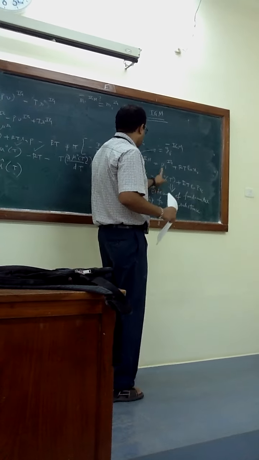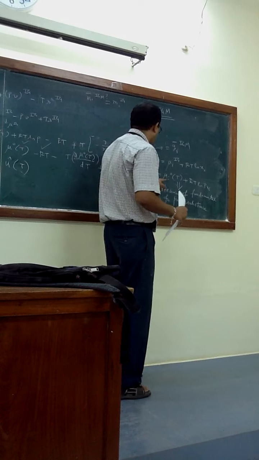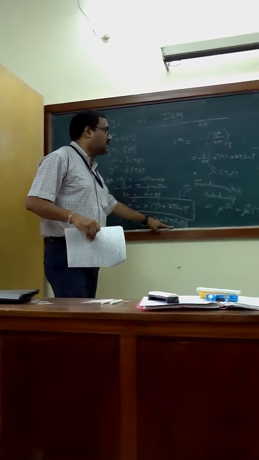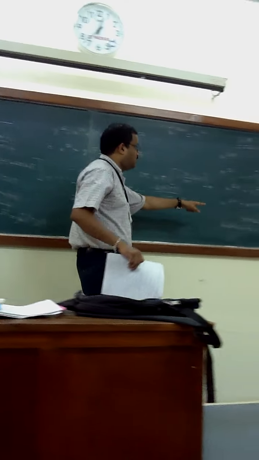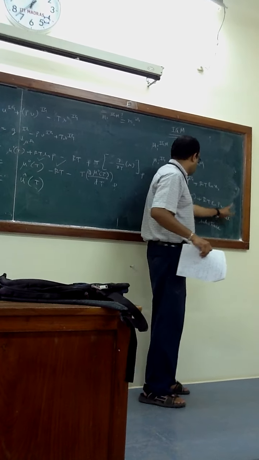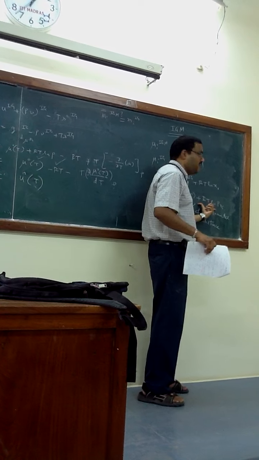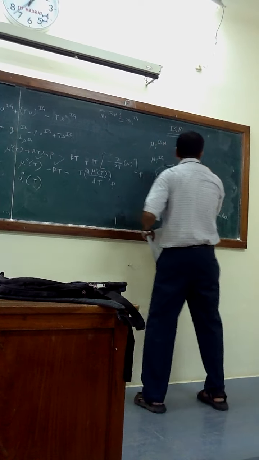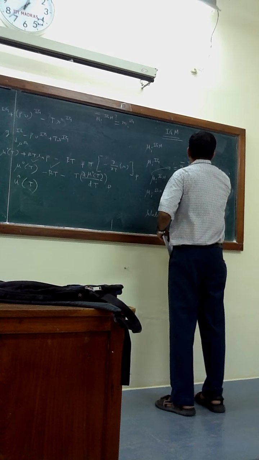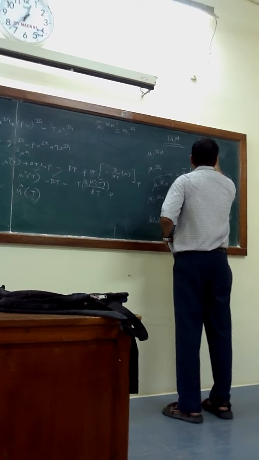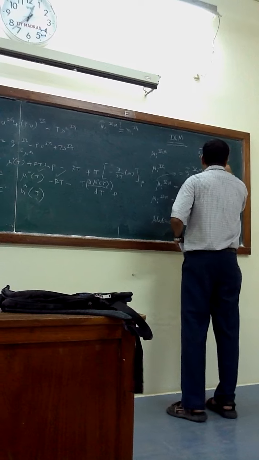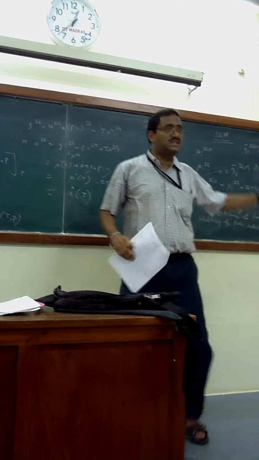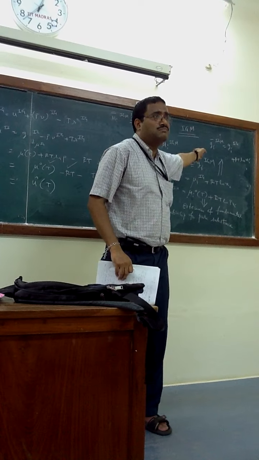If you write this in terms of mu i IG, you can see that mu i IG is nothing but mu i0(T) plus RT ln p. So if you take out RT ln xi, mu i0(T) plus RT ln p will be mu i IG or Gi IG. So it says something very interesting: Gi bar IGM equals Gi IG plus RT ln xi. That means it's giving an indication they are not the same. They are different.